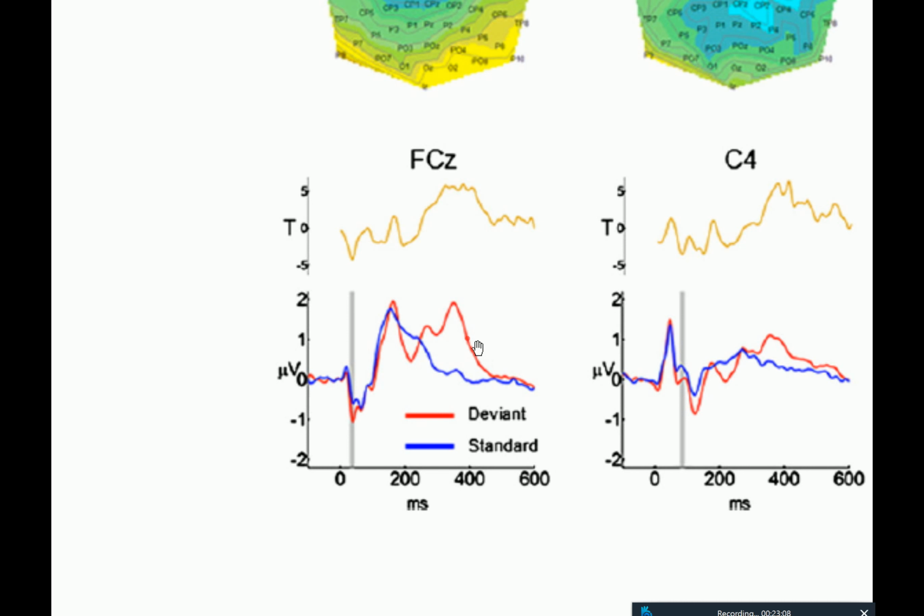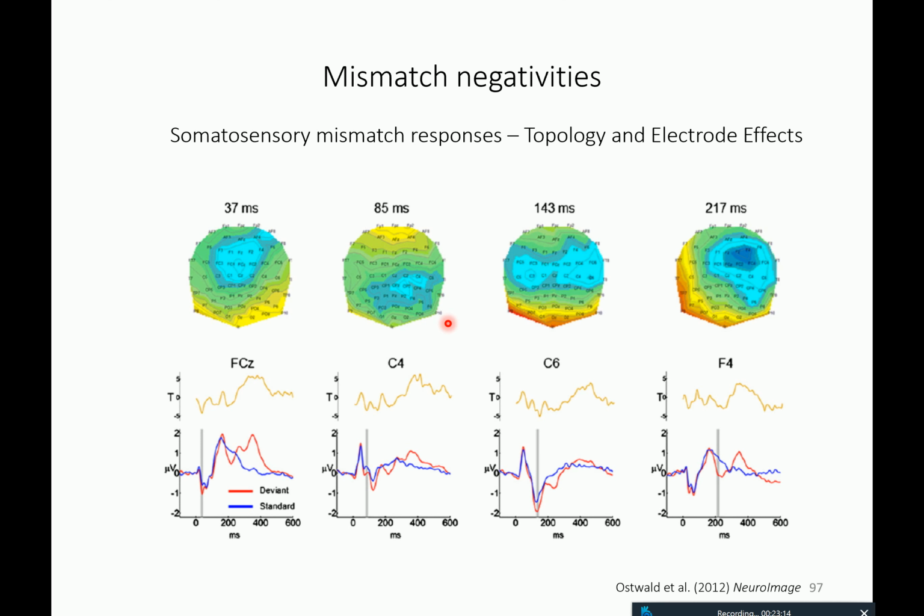What we also observe here is quite a strong P300, which had to do with the fact that in our mismatch negativity paradigm people attended to the stimuli in some way, which was not optimal. But we still see this early negativity effect.